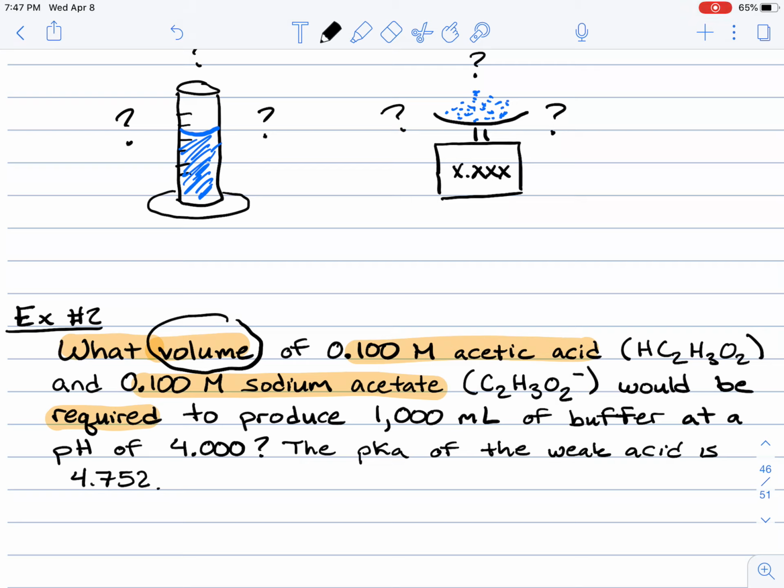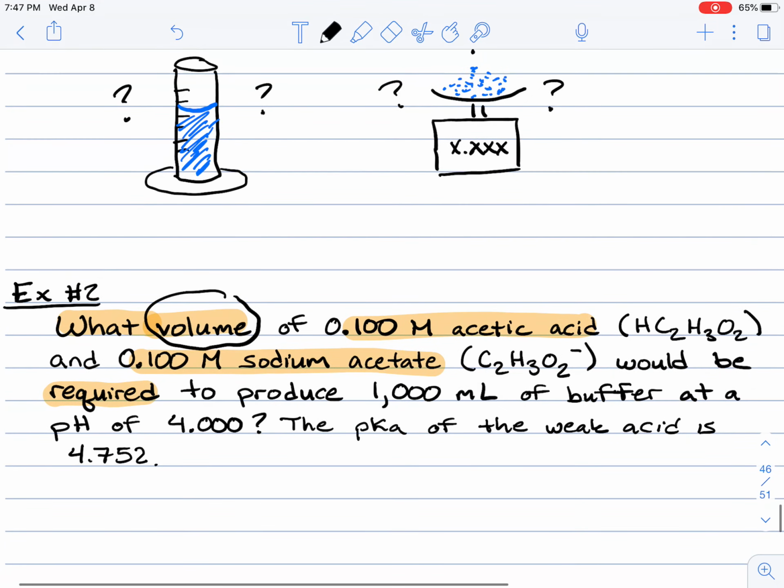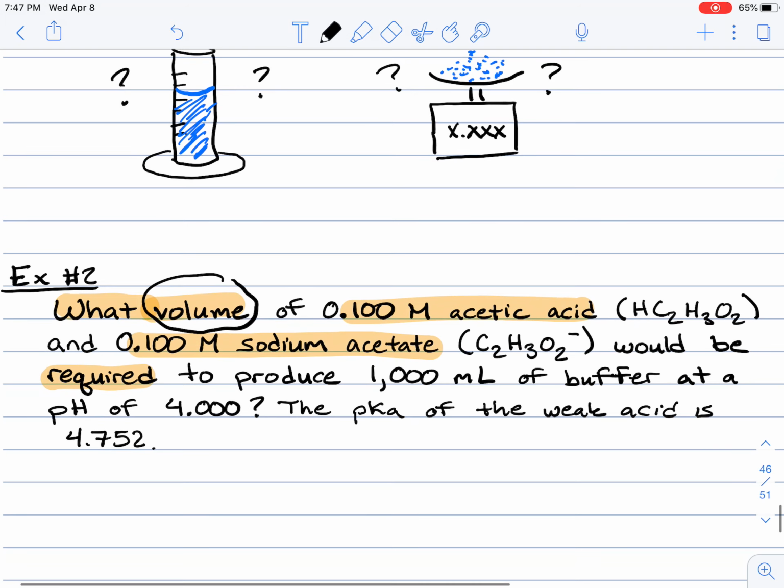Before we dive into the calculations, once again, I want to take a step back and illustrate what this problem is really asking us to do. Reading through the problem on your own, there are a couple of things I want to mention. These two concentrations represent the stock concentrations.